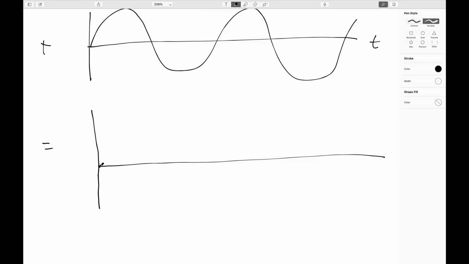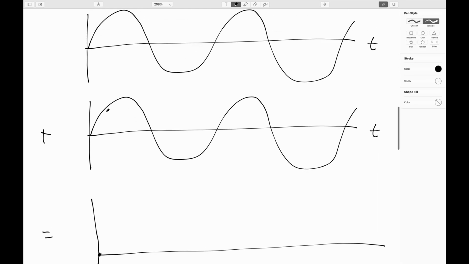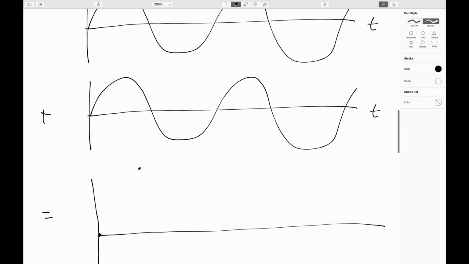You get 0 here. And let's say here, let's look at this crest here. These are two max values that when I add them together, I'll get this much and then that much again. In between, this is like halfway up here, ditto there. So you get something that looks like that, and so forth.